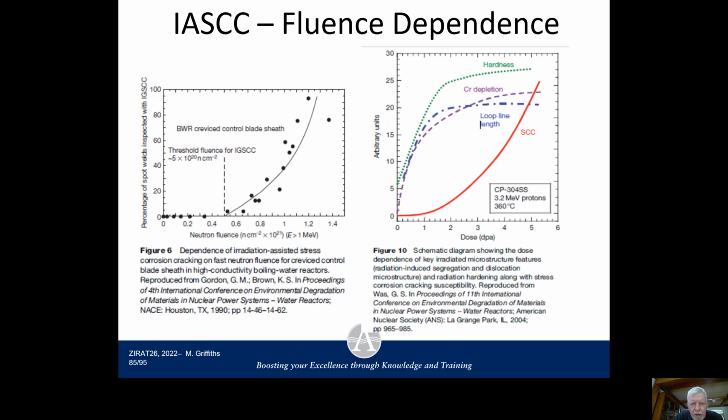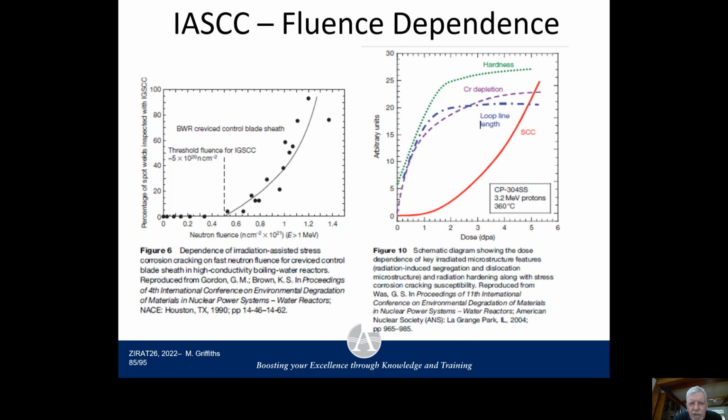And there's some data from Gary Was showing that same propensity to increasing SCC. The observation will correspond with other things that are affecting the material. In the material condition here, we have chromium depletion and strengthening, which leads to higher hardening.